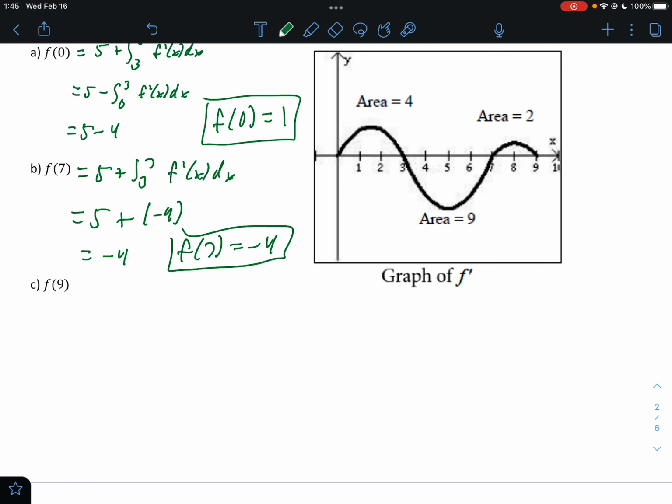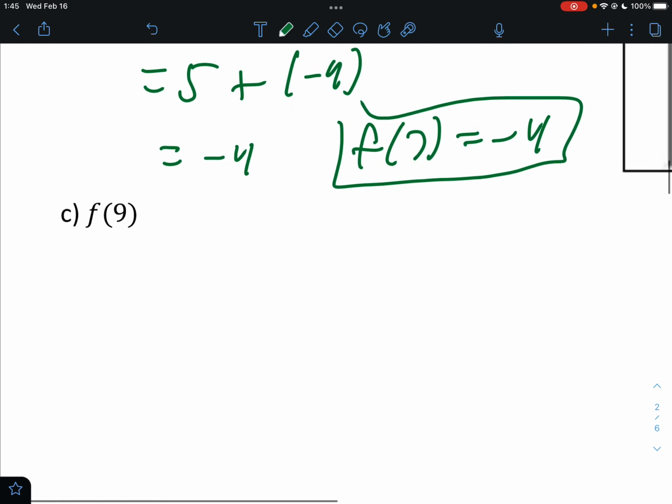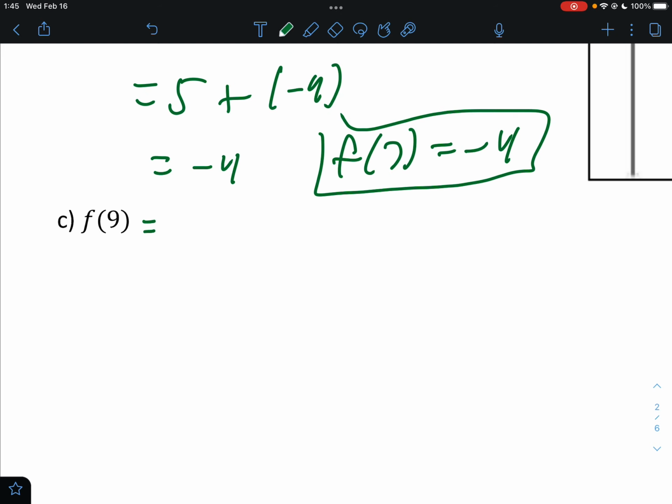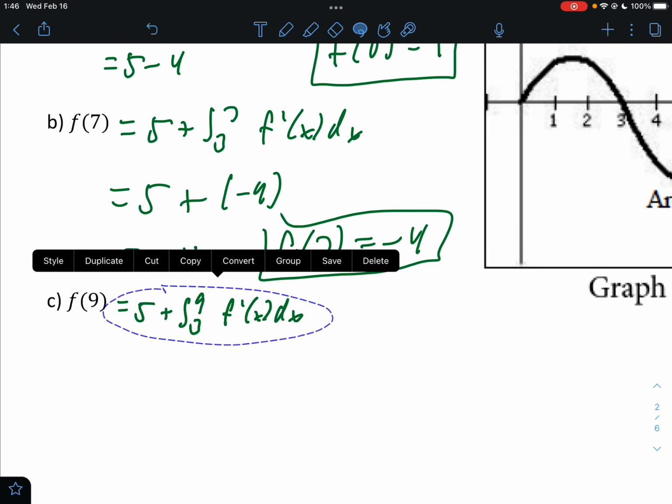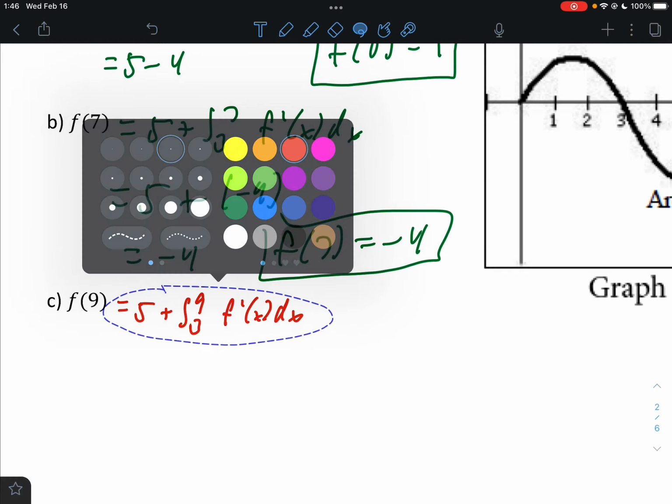All right, for f of 9, we can write that same integral down. So it would be 5 plus the integral from 3 to 9 of f prime of x dx. That would be fine. But there's actually a better way to do this one.